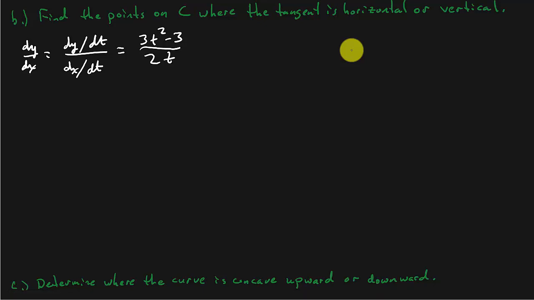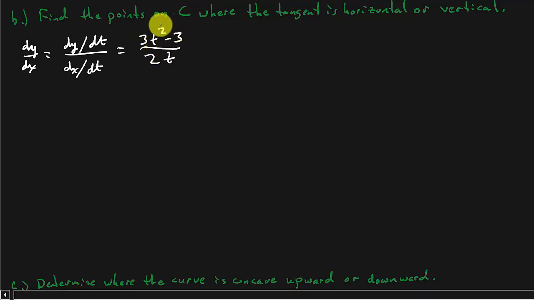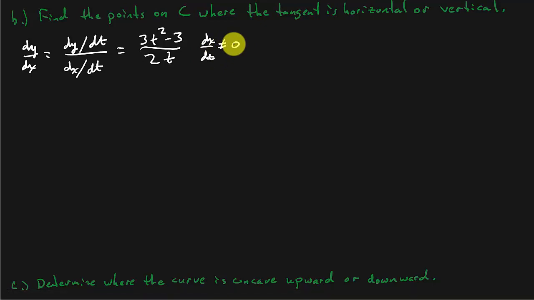So think about it. When is the tangent line horizontal? That would be when dy dt is equal to 0, but dx dt cannot be 0. So right now we're dealing with the horizontal tangents.